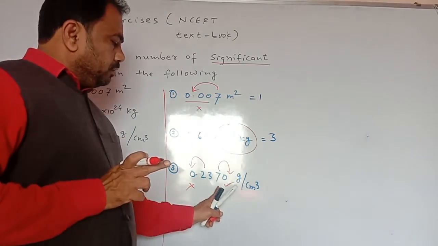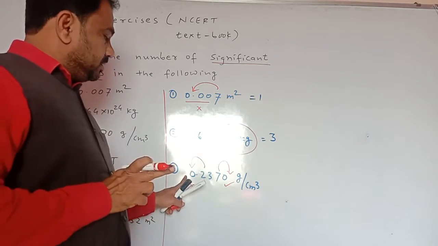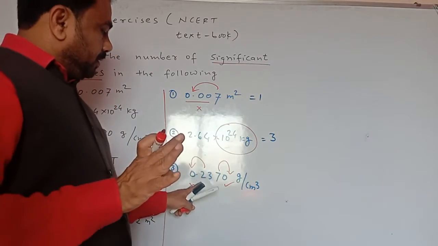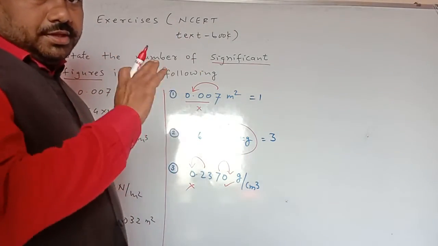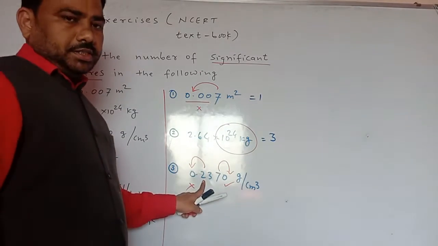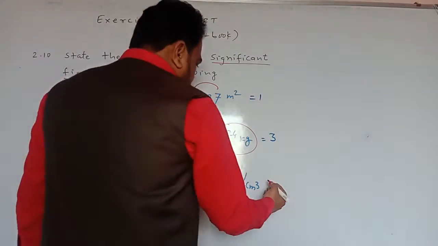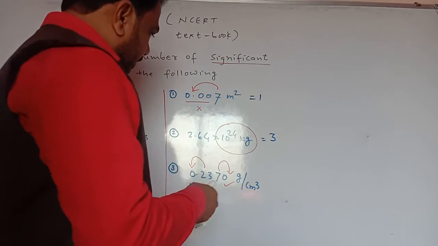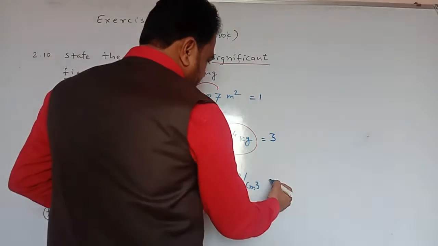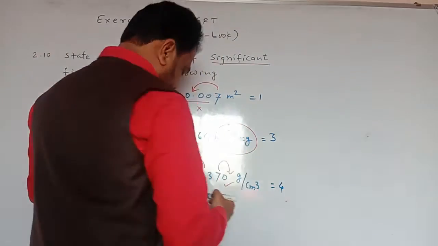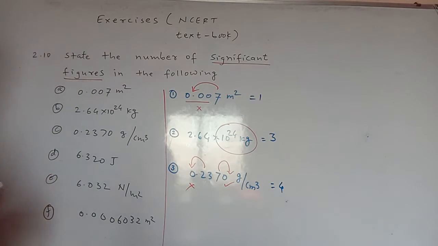The first 0 is not significant because it is present on the left side of the non-zero digits. So the significant figures are 4.